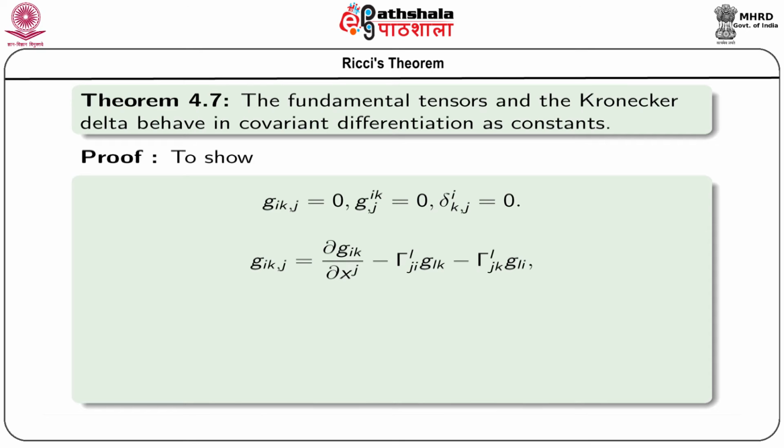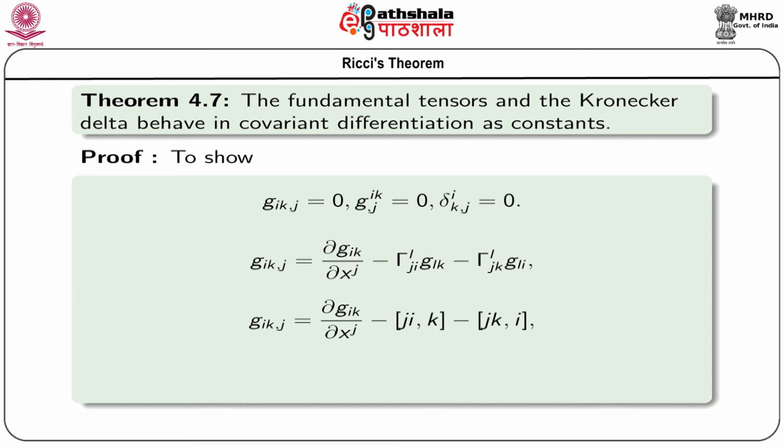Now, by the definition, g_{ik,j} = ∂g_{ik}/∂x^j - Γ^l_{ji} g_{lk} - Γ^l_{jk} g_{li}. Which can be written as ∂g_{ik}/∂x^j - Christoffel symbol of first kind [ji,k] - Christoffel symbol of first kind [jk,i].